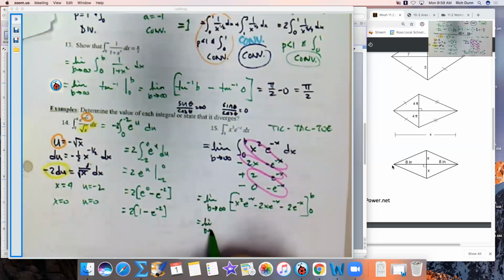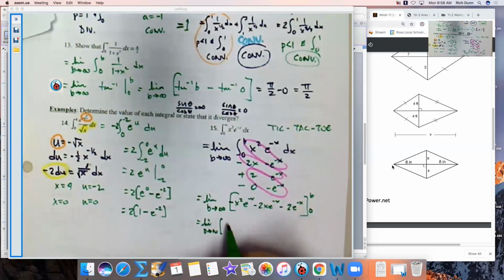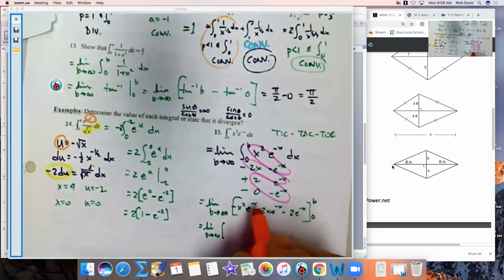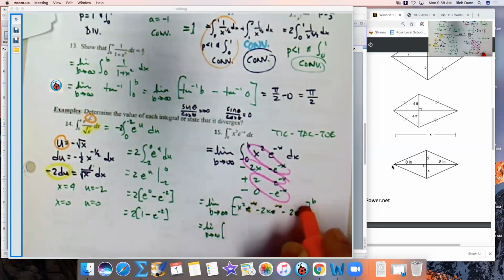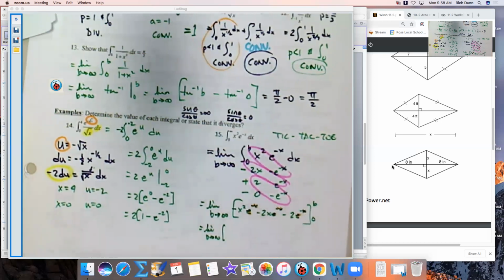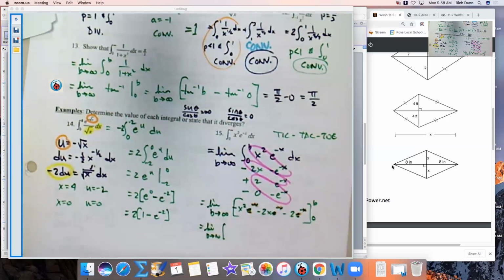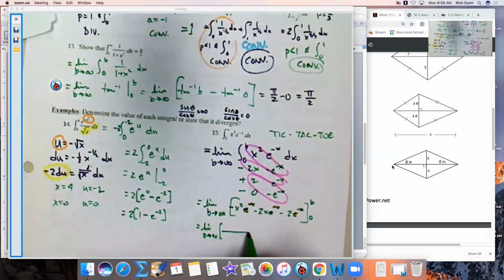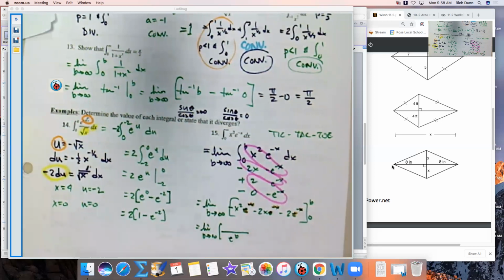Limit as b goes to infinity, and I do notice here that each one of these has e to the negative x in it. And so I'm not going to evaluate that with each one of them. I'm just going to put all of these over e to, in this case, e to the b. So this will be a negative b squared minus 2b minus 2.